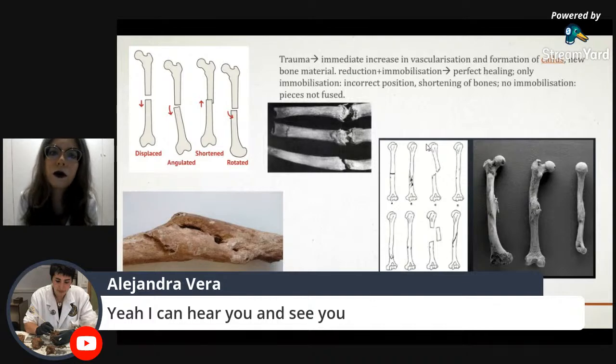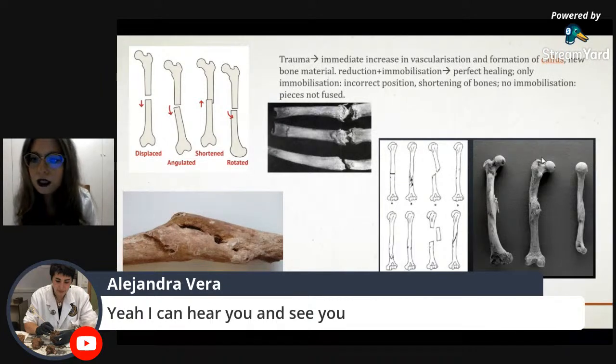So when only immobilization happened, the bones were placed in an incorrect position, and that could lead to a shortening, as we can see here, of the bones, a shortening and a torsion, an alteration of the anatomical position of the bone.